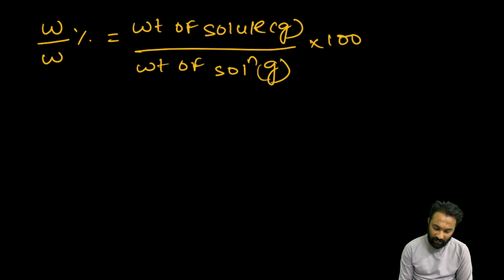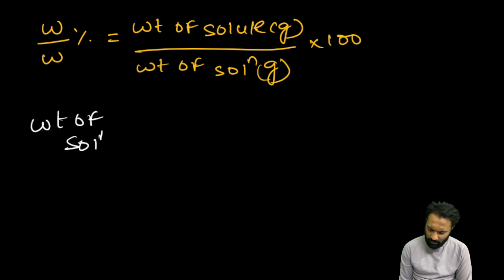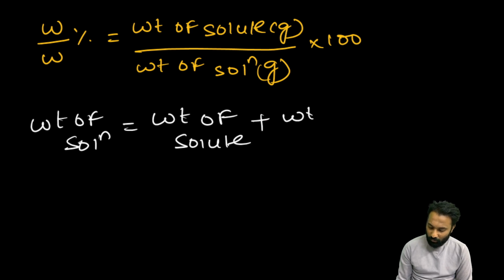And one very important point I explained and asked you to remember: weight of solution. This point we will use in our interconversions. This will play a very crucial role. So weight of the solution will be equal to weight of solute plus weight of solvent.